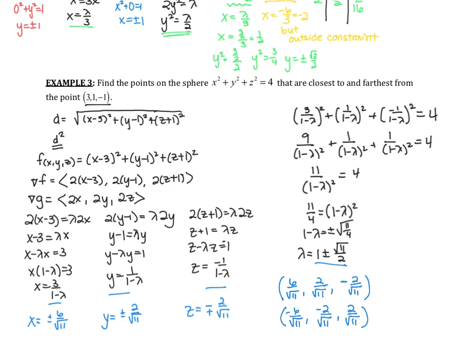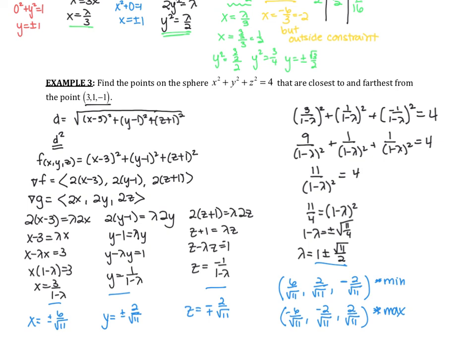And if we plug these into our function, we're going to be able to see which one is the maximum and which one is the minimum. Okay, we can see this point right here will be our minimum, and this point will be our maximum.